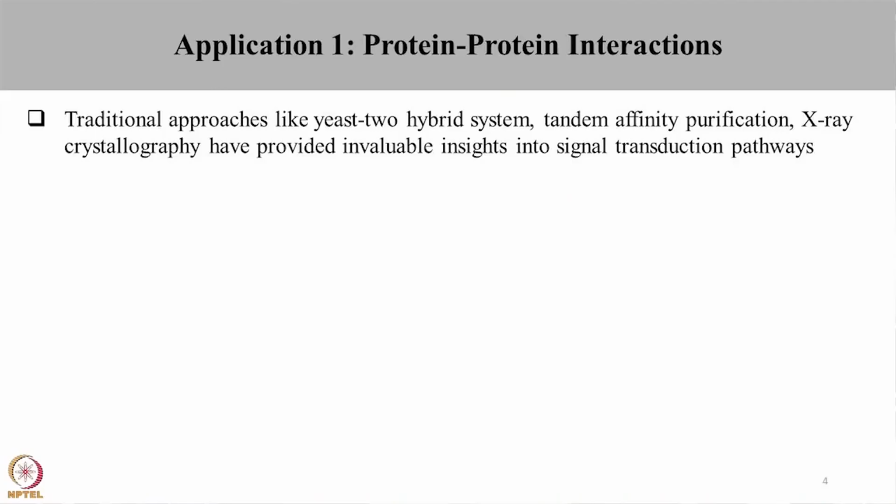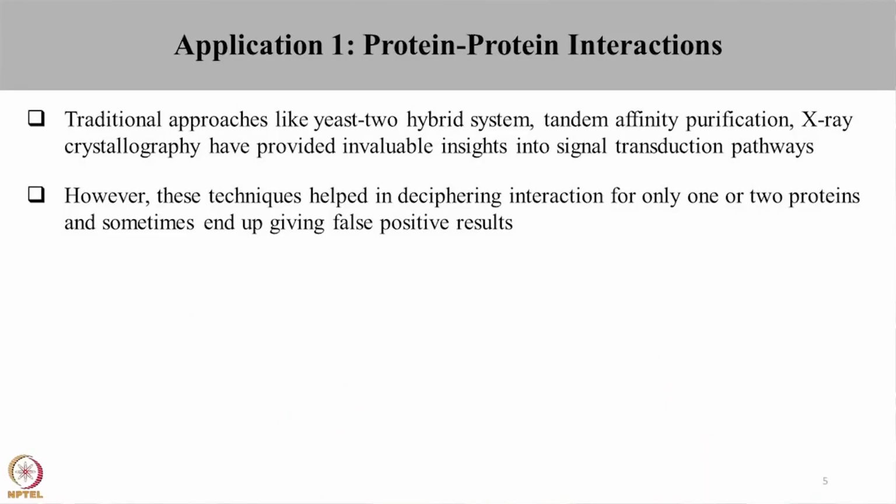Traditional approaches like yeast two hybrid system, tandem affinity chromatography, etc. have provided invaluable insight into the protein-protein interaction. However, these techniques just look at one or two proteins, study these proteins in isolation, and sometimes even end up giving false positive results.